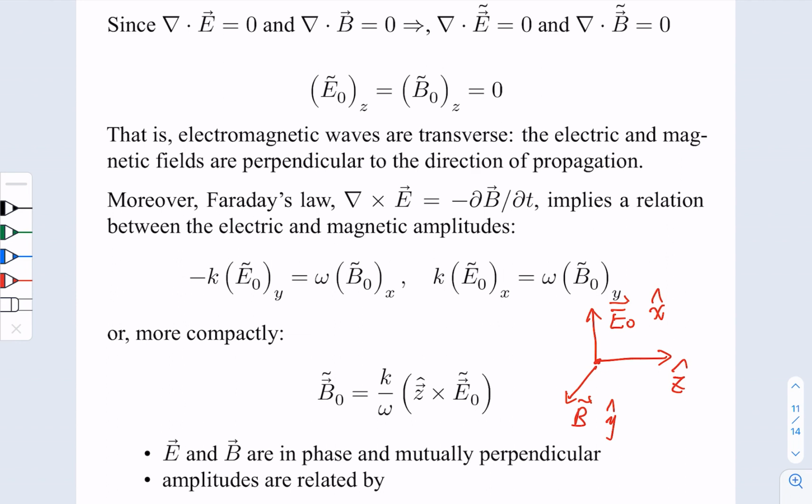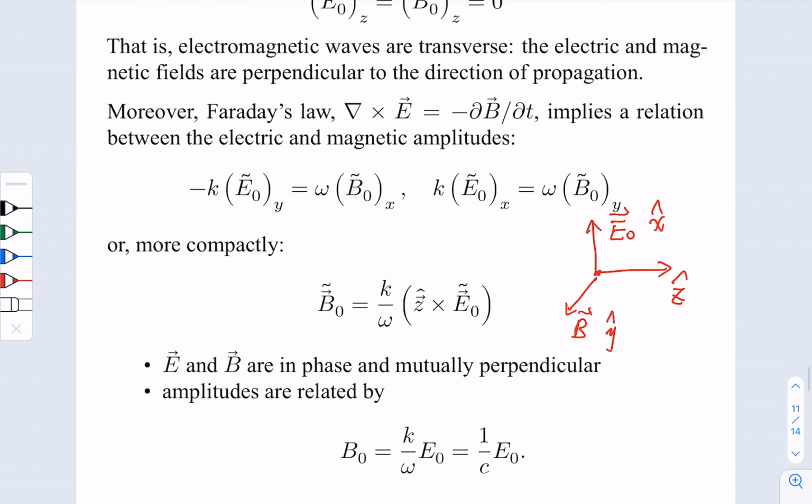We have already learned this from Physics 2041. For a propagating light wave, the E field is perpendicular to the propagation direction z, and the B field must also be perpendicular to both of them. That is because B is z cross the direction of E. In this case, z cross x equals y.